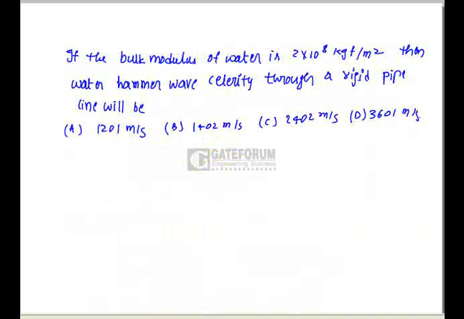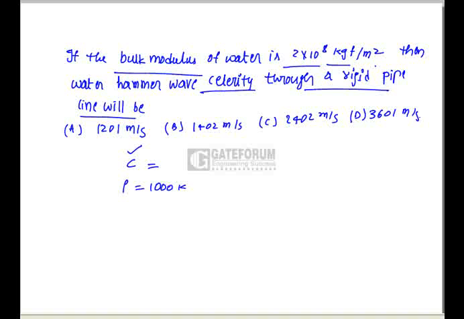In this question we have to find out the celerity through a rigid pipeline. The given data is bulk modulus of water, 2 into 10 to the power of 8 kg force per square meter, and water density is 1000 kg per cubic meter. We know the relationship between the bulk modulus and celerity.